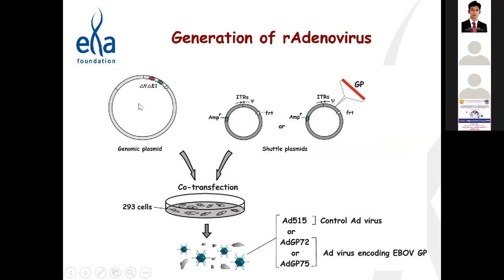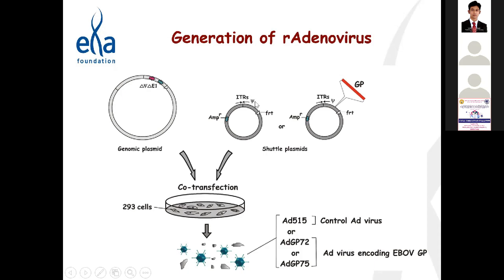So the condition for generation of adenovirus in this case is that both the genomic plasmid and the shuttle plasmid should get into the same cell, and both of them should be linearized from here, here, and here. These are ITRs, inverted terminal repeats. After linearization, this region of the genomic plasmid is swapped with this region of the shuttle plasmid.